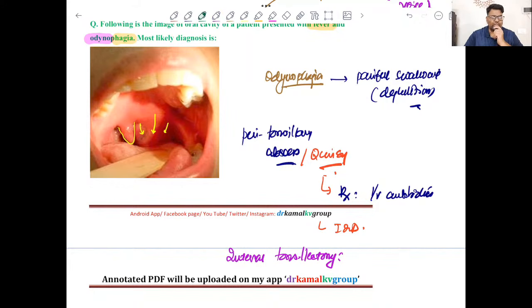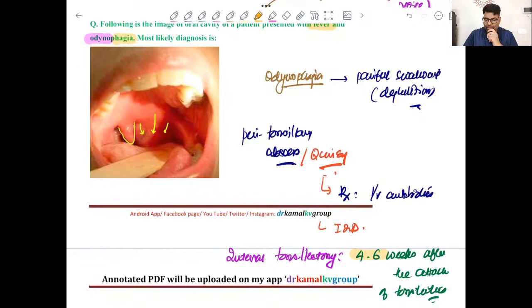Interval means there is some time period, so that is around 4 to 6 weeks after the attack of tonsillitis. So you need not hurry up.